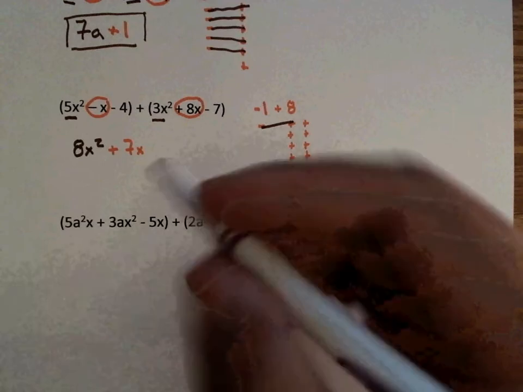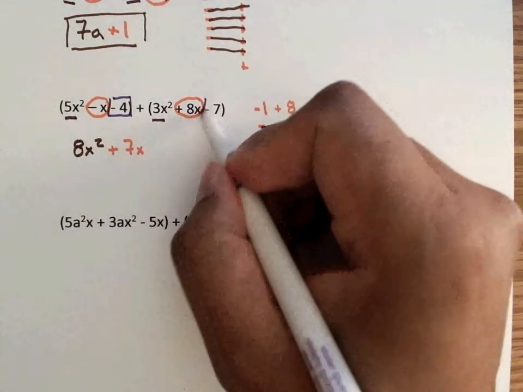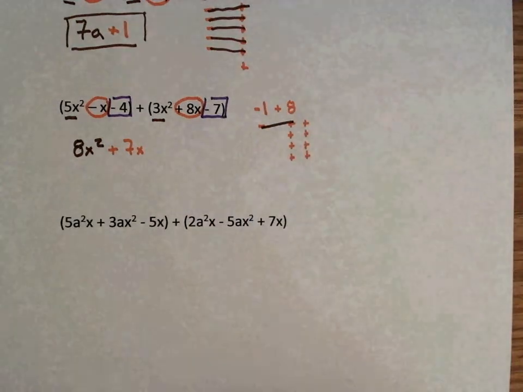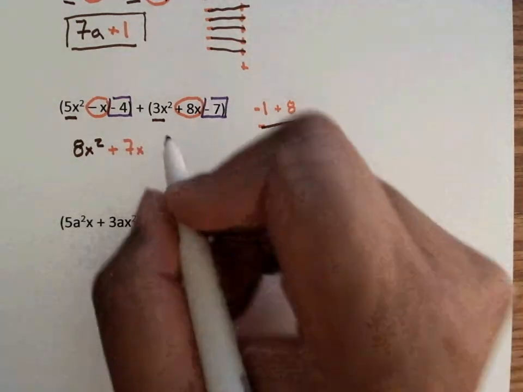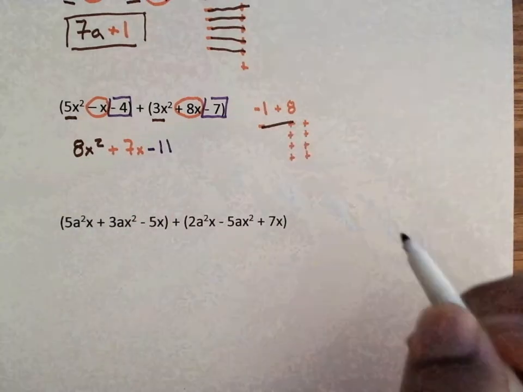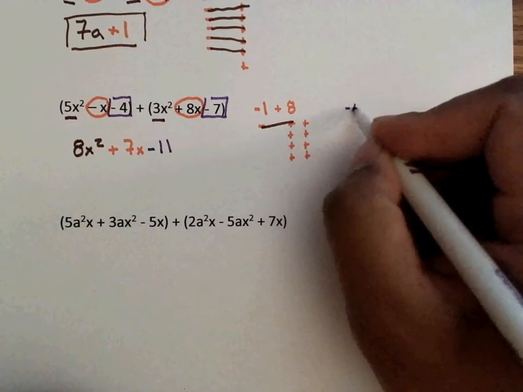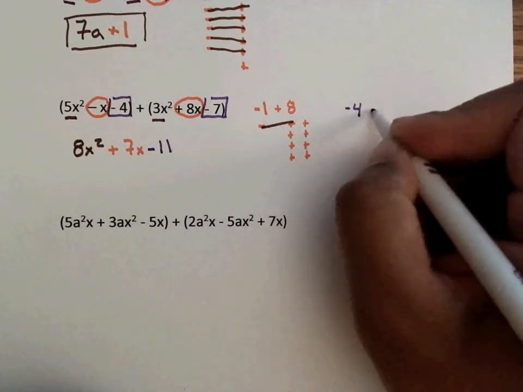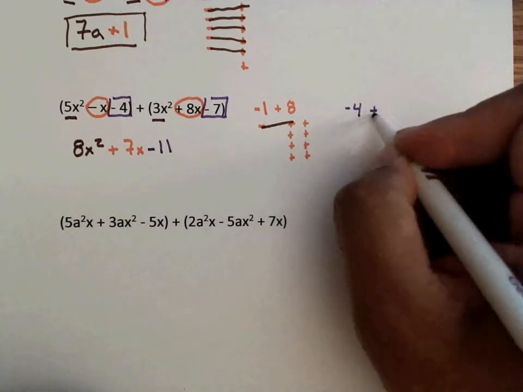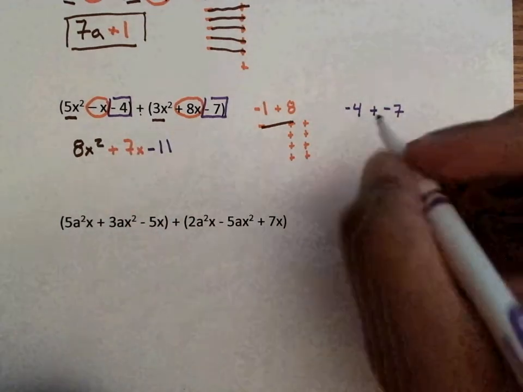And then the last like term that we have is a negative 4 and a negative 7. And negative 4 plus negative 7 is going to give us negative 11. If you want to see the side work for that, we have negative 4 plus negative 7, because we're adding negative 7.